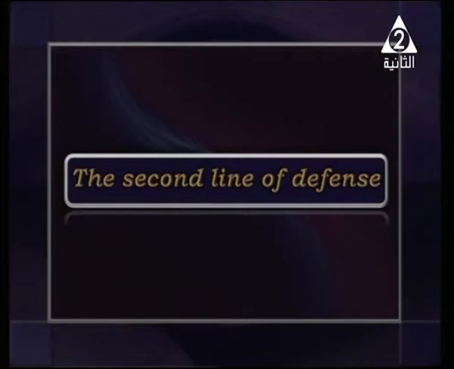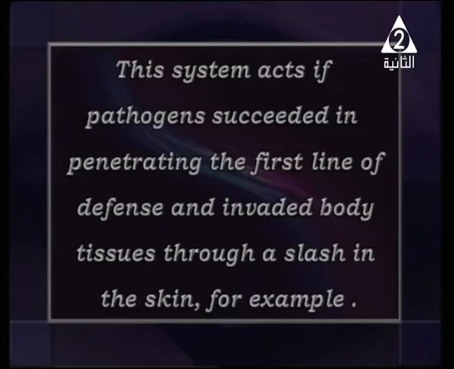What is the second line of defense that we have? This system acts if the pathogens succeeded in penetrating the first line of defense. As we said in the last episode, we have two main ideas.